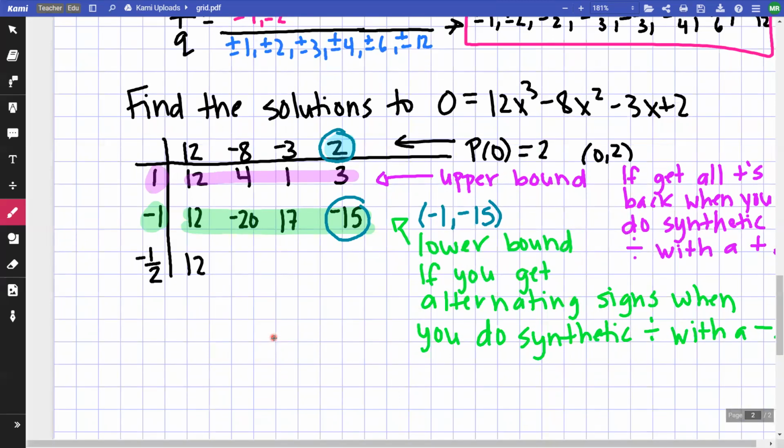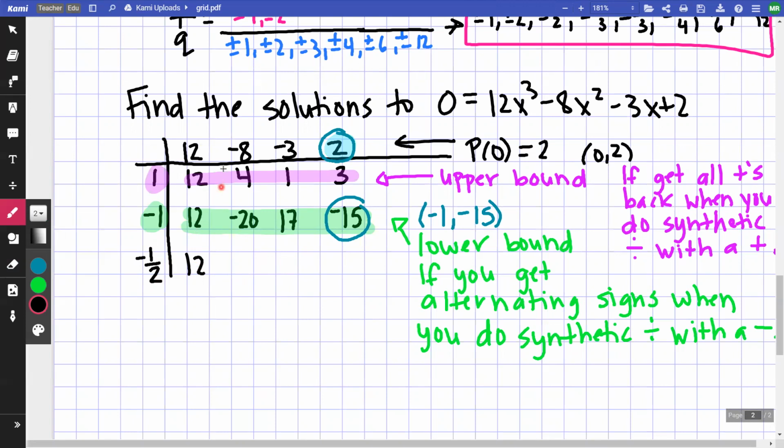I bring down my 12. 12 times -1/2 is -6. Oh, sorry, I apologize. Let me start again. 12 times -1/2 is -6.